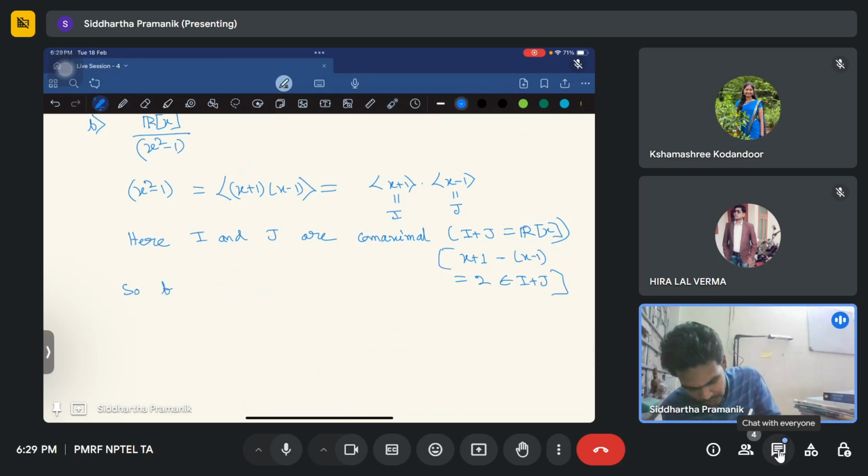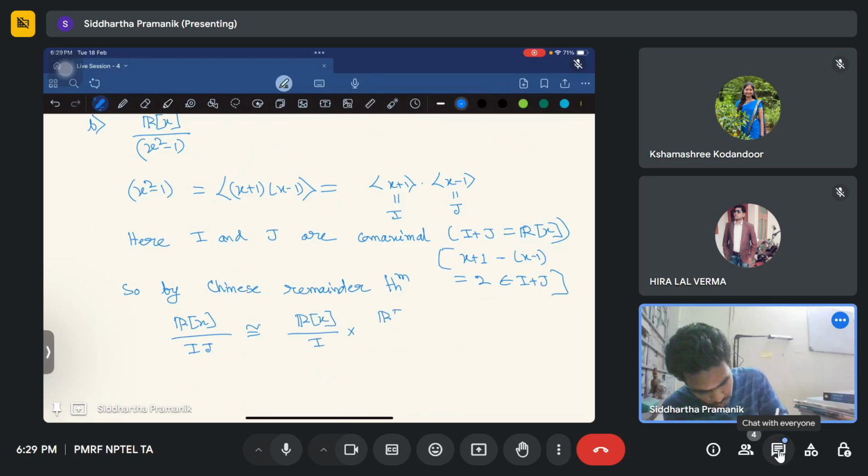So by the Chinese remainder theorem, R[x] mod I times J should be isomorphic with R[x] mod I cross R[x] mod J, because here I and J are maximal ideals.